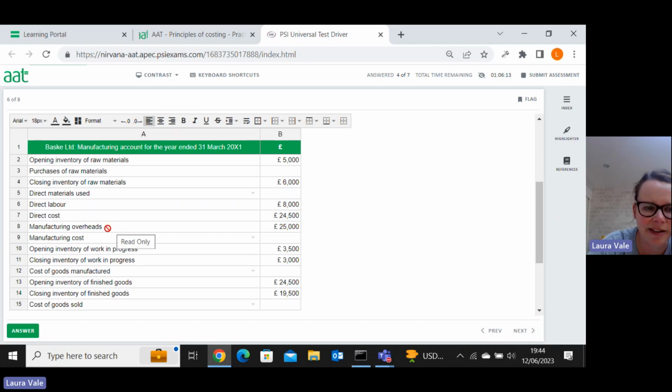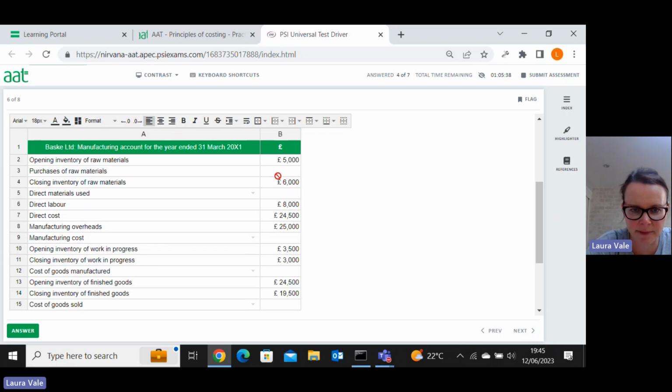Manufacturing overheads are added on to give the manufacturing cost, and then you make your 2 adjustments. With the stock adjustments, you start with opening, closing raw materials, then work in progress, then finished goods. So again, it follows the natural order of things. Another little pattern is that everything is added except for any closing inventories, because they're not part of the cost yet because you've still got them, so they get subtracted.